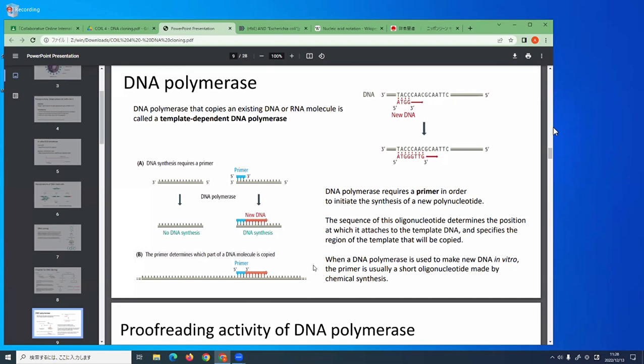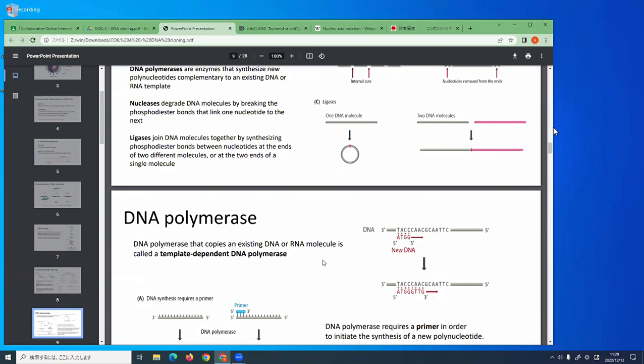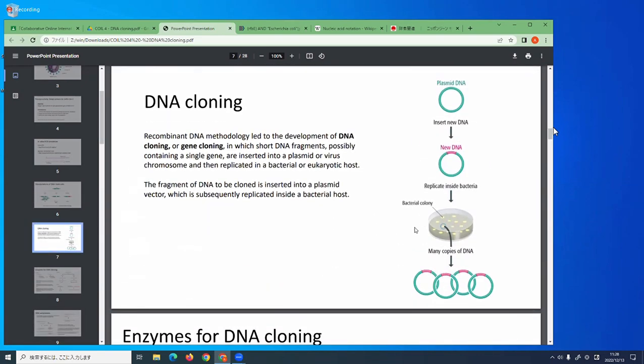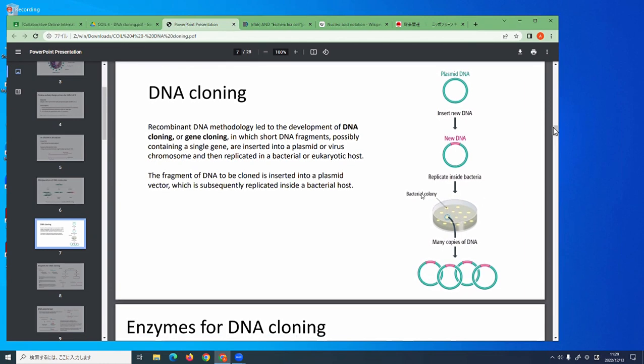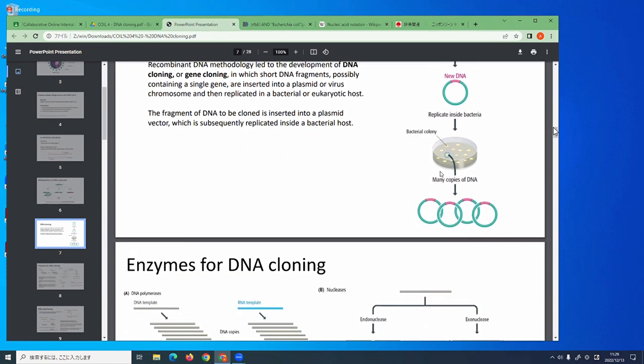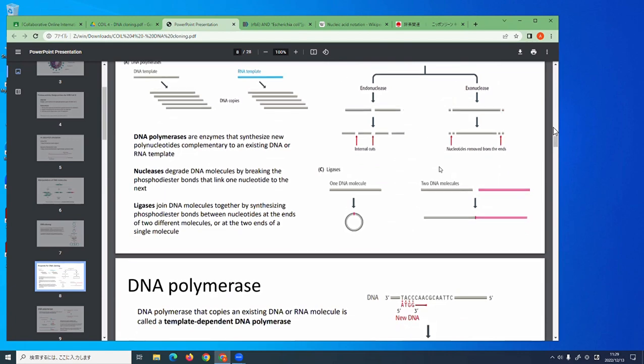In contrast, when we use plasmid, we can copy the whole plasmid regardless of primer, because we don't need a primer, right? So this is also an advantage of making copies using bacteria, because we are using the natural mechanism of bacteria to replicate the plasmid.